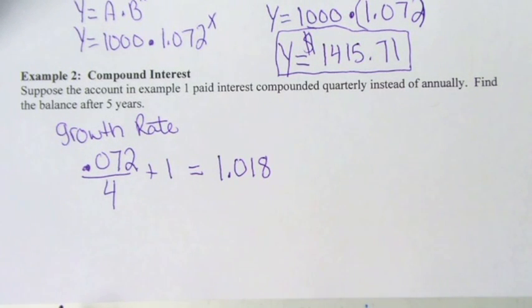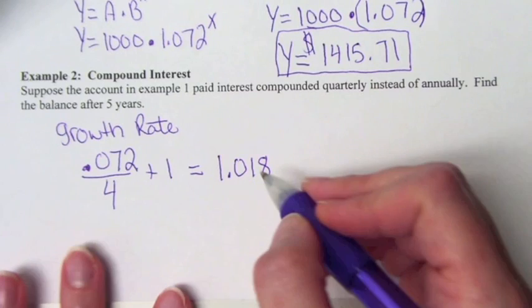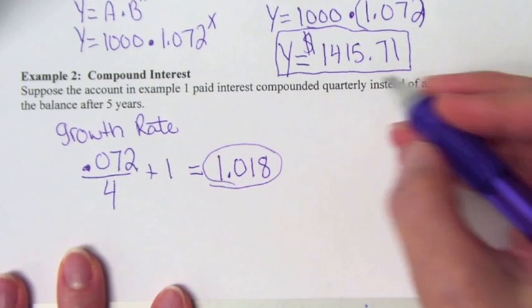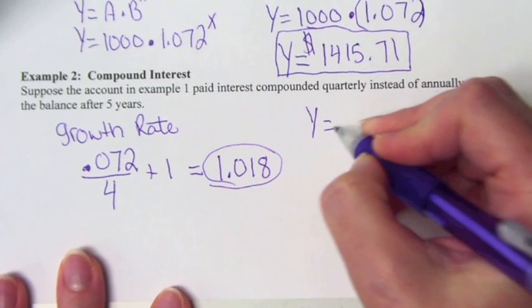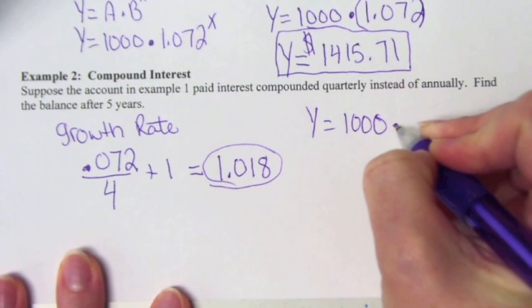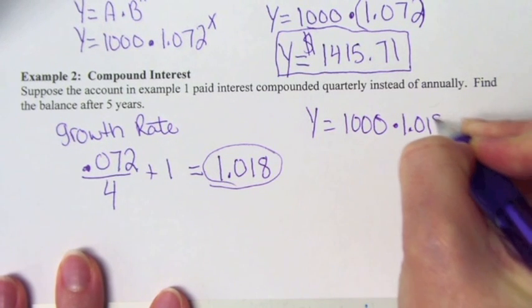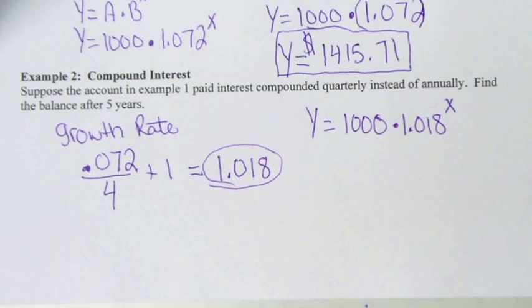So that's what we're going to plug in for B. We're still going to have the same starting amount: 1,000 times 1.018, and then to the x power. But we need to figure out what we're plugging in for x. It's not 5 this time. It is going to be 20, Wesley, you're exactly right, because each year is compounded quarterly.